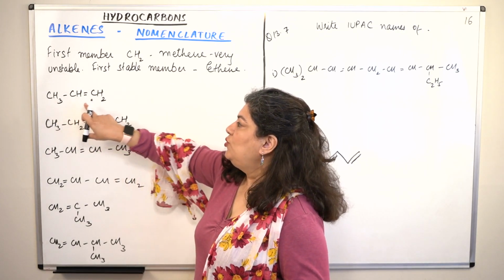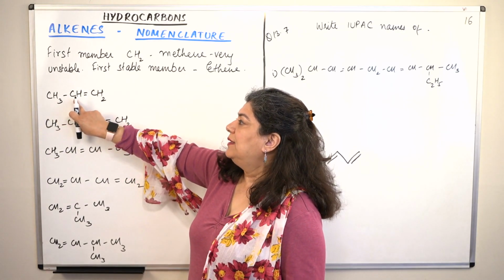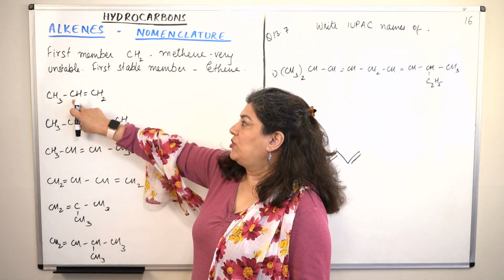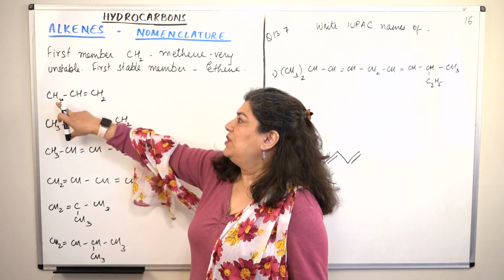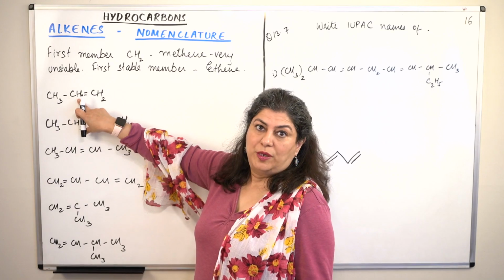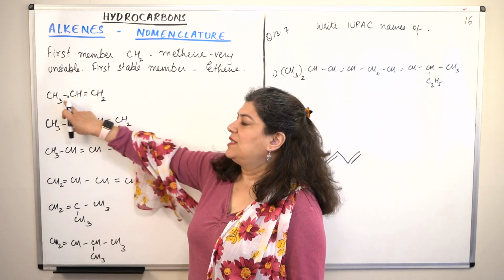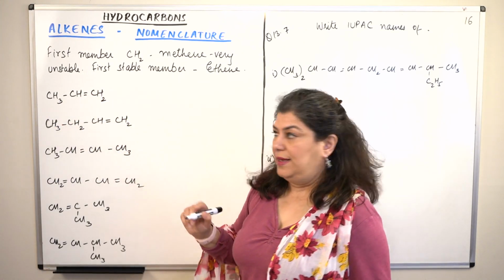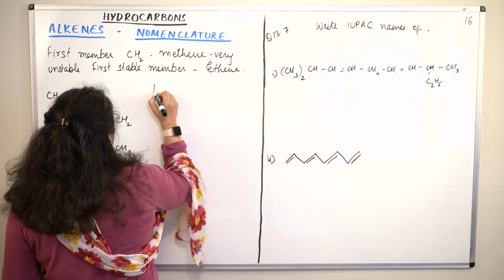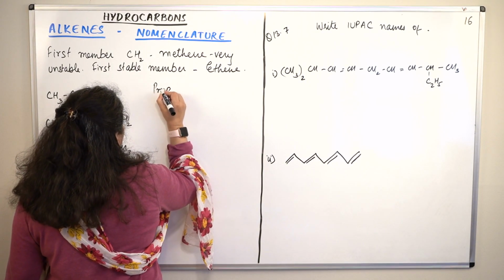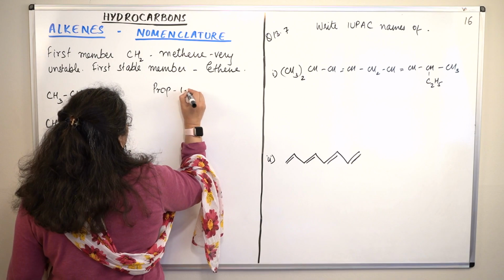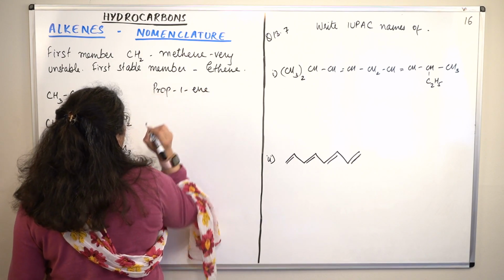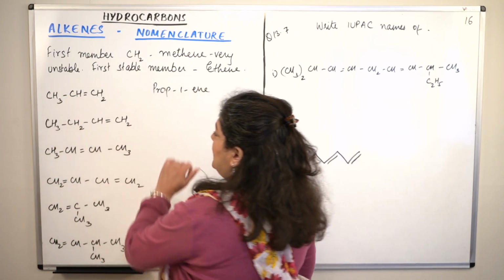So 1, 2, 3. If I start from this side, the double bond is on the second carbon. But if I count from this side, the double bond is on the first carbon. So I will choose this direction and I'll call it propene. The compound is prop-1-ene, propene.